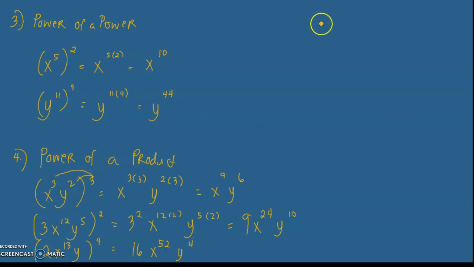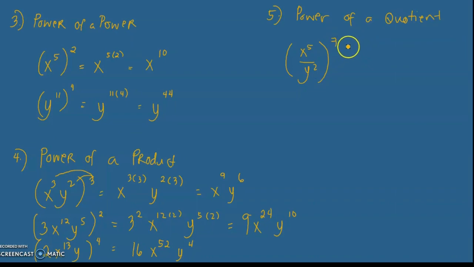Okay? And then the next one will be about the power of a quotient. So, meron tayong dinidivide. For example, we have here x raised to 5 all over y raised to 2, and then that is being raised to 7.